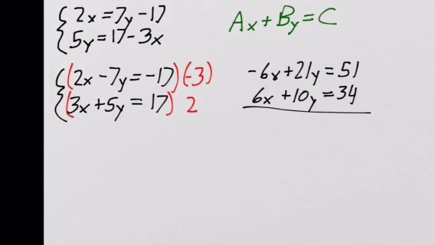Adding these equations together, 6x and minus 6x go away like I want. And I get 31y is equal to 85. I can divide both sides by 31. And I get y equals 85 over 31.